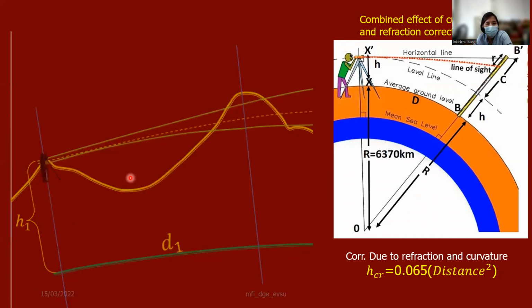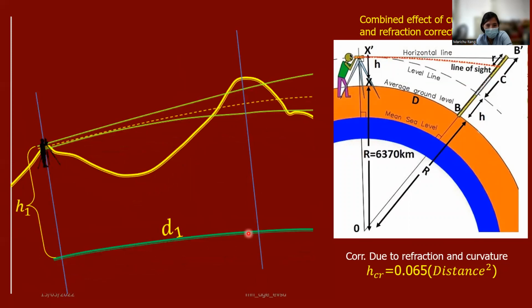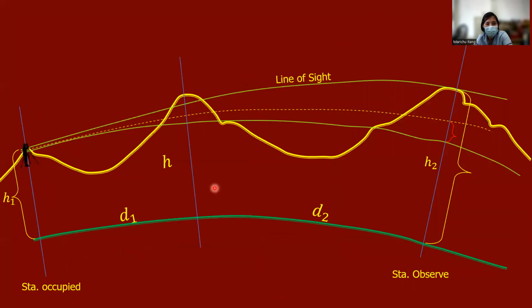Okay? So if this is the D1, ito yung ating combined curvature and refraction correction. So this is equivalent to 0.065 D1 squared. So if this is 0.065 D1 squared, since yung ating 8 over is D1 lang, what do you think is the value of this one?